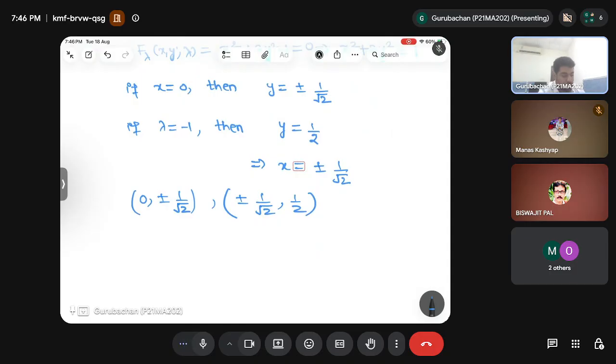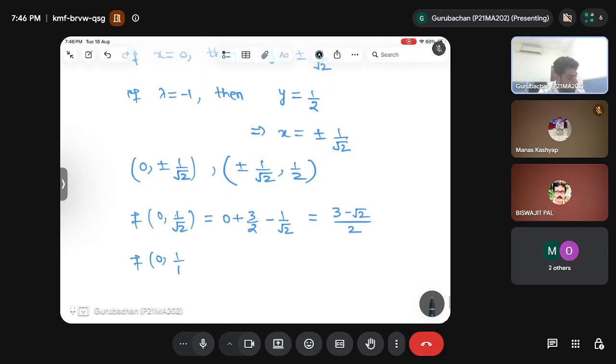Now put these points in your function f, for which you want to calculate its maximum value. So 0, 1 by root 2, what will it give? 0 plus 3 by 2 minus 1 by root 2. So this will be 3 minus root 2 divided by 2.